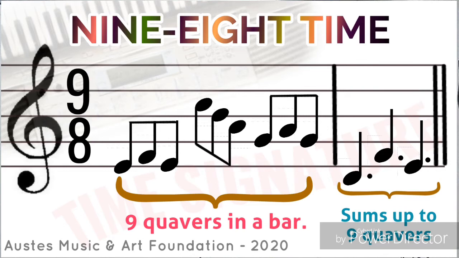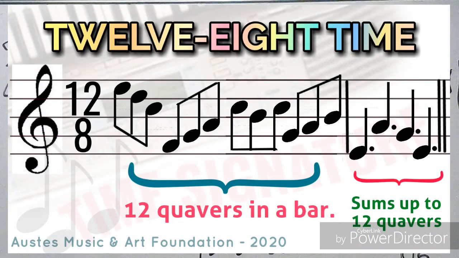Then for compound quadruple, which is 12/4, 12/8, and 12/16, we have 1, 2, 3, 4, 5, 6, 7, 8, 9, 10, 11, 12.